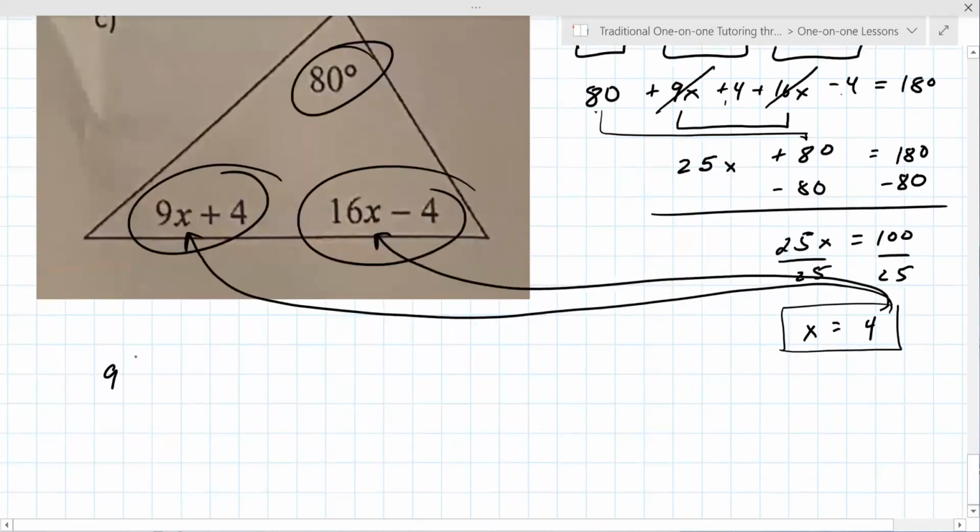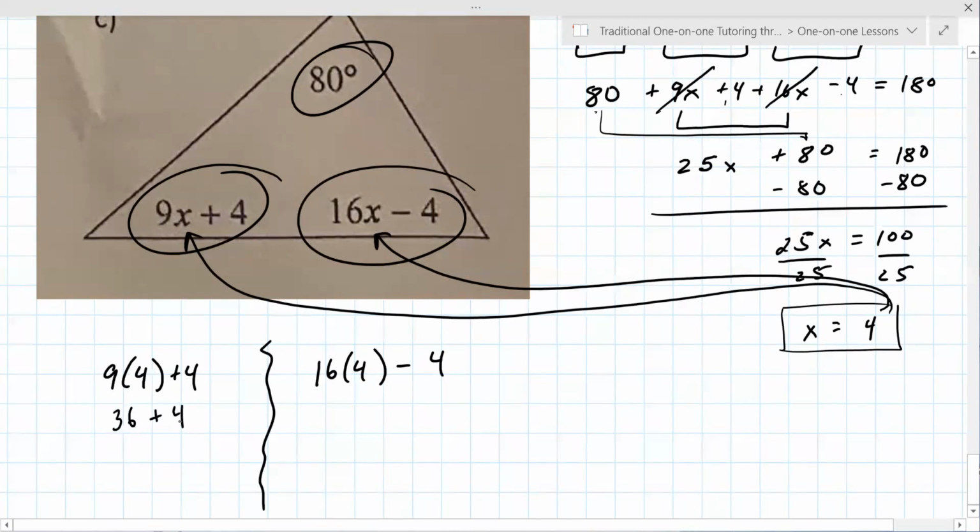What is 9 times 4 plus 4? Wait. We're going to do both of them. Sorry, just writing them down. So 9 times 4 plus 4. 9 times 4 is 36. 36 plus 4 is 40.